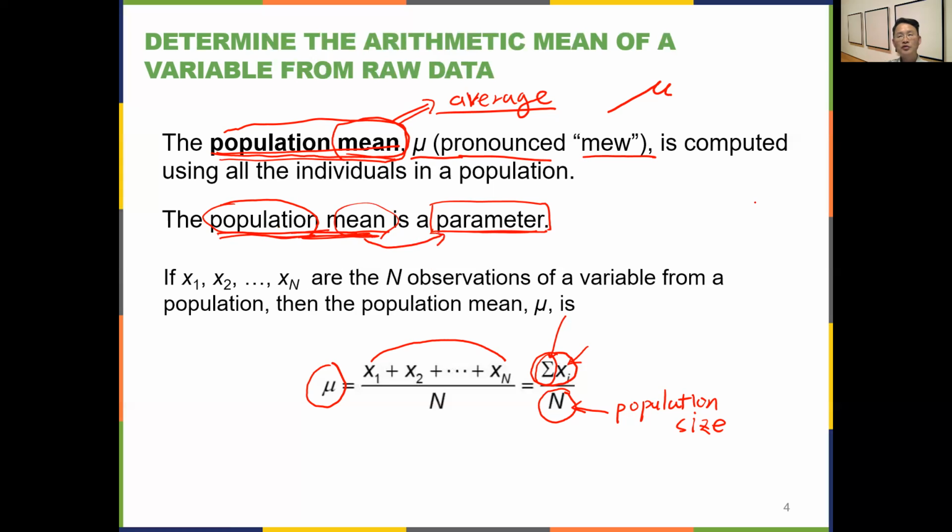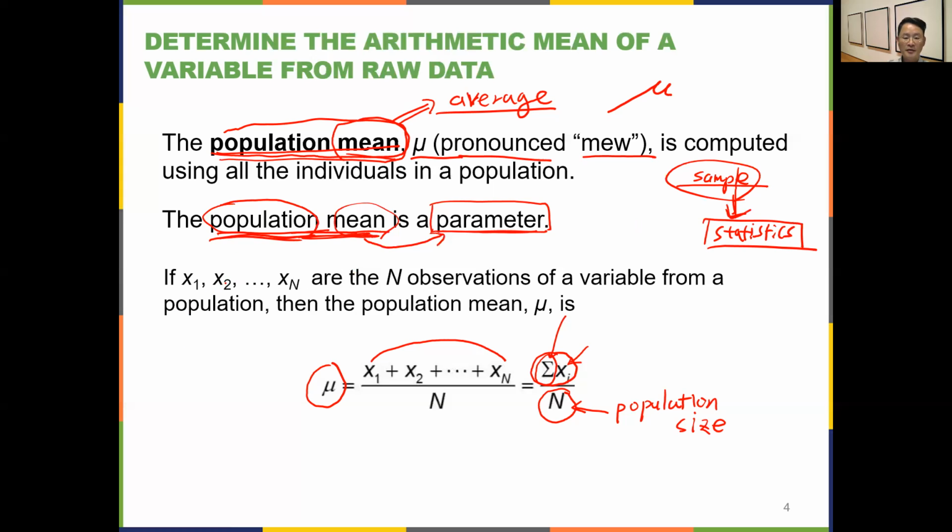Now, what do we call it when we extract anything from a sample? Do you remember that one? From a sample, we get a statistic. So when we say this is a statistical value, that means that number is from a sample. If we say this is a parameter value, that means that number came from the entire population, right?